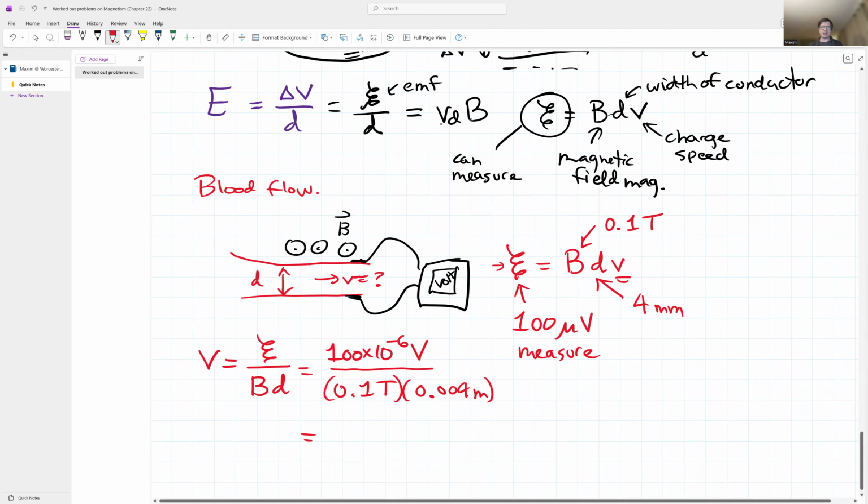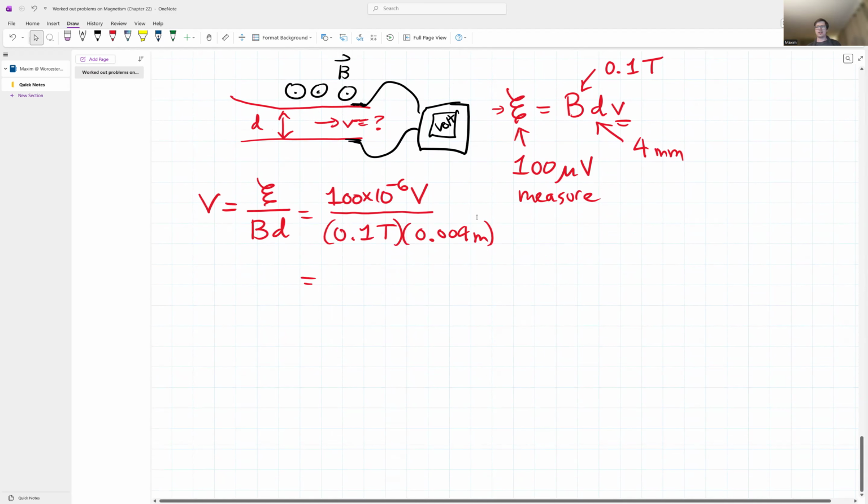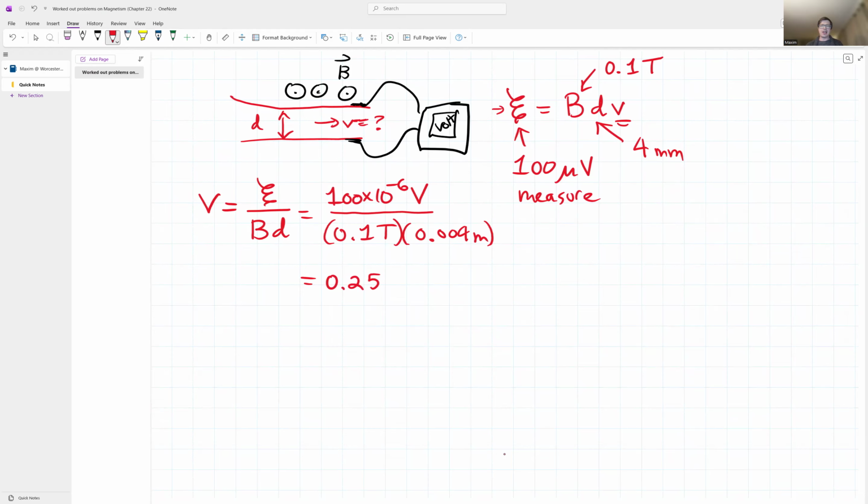We plug everything in. Again, use a calculator, just make sure I get all the powers of 10 right. Okay, I get that it's 0.25. And it should be meters per second because that's the SI unit for speed.